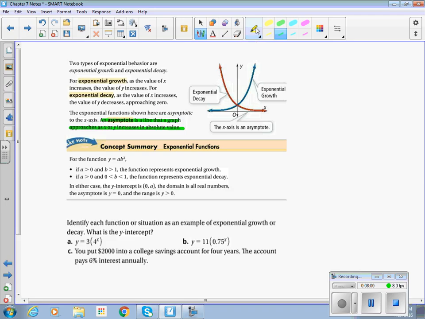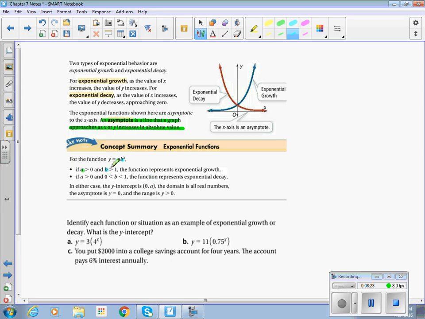So if a is greater than 0, so if my value out front is greater than 0, and b is greater than 1, then we have growth.